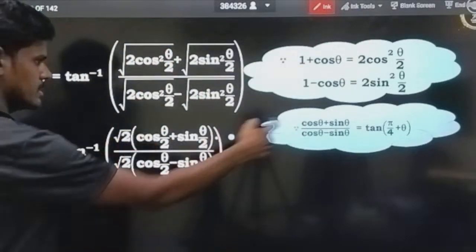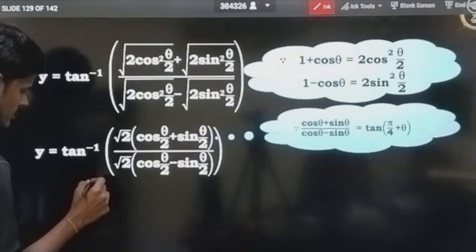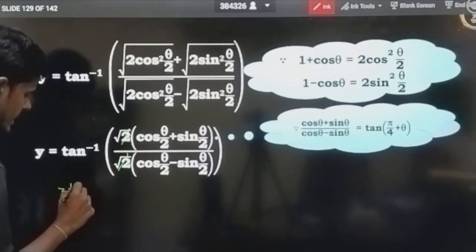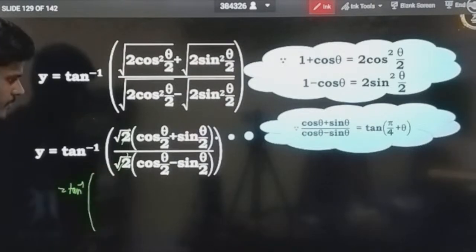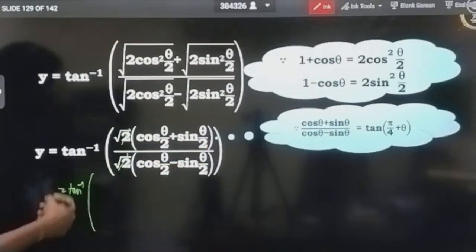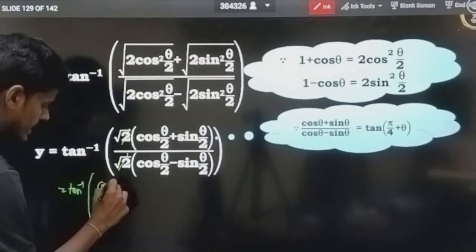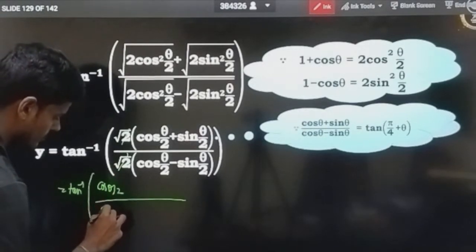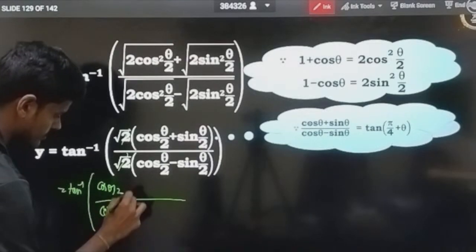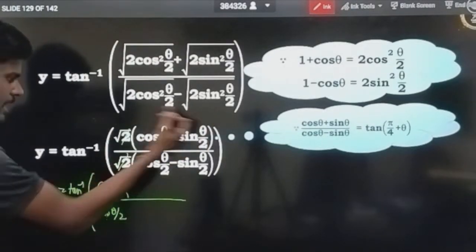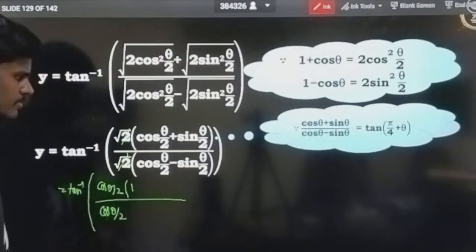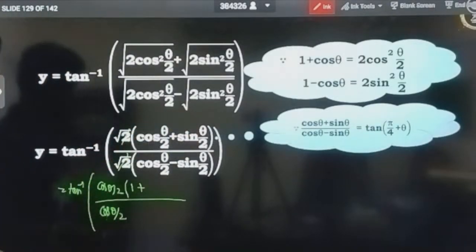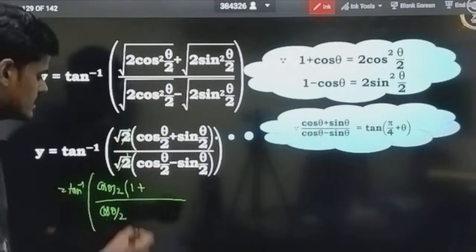We will try to solve this, how this formula is applied here. Root 2 will get cancelled. This is equal to tan inverse of. We will take cos theta by 2 outside from the numerator and denominator. In numerator, if you take cos theta by 2 outside, it will be 1 plus sin theta by 2 divided by cos theta by 2, that will be sin by cos is tan.